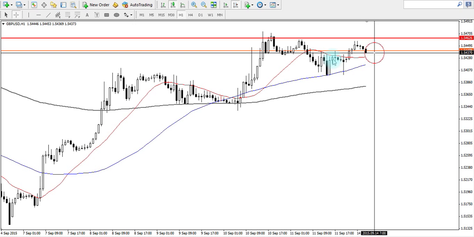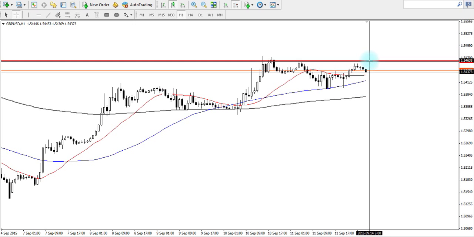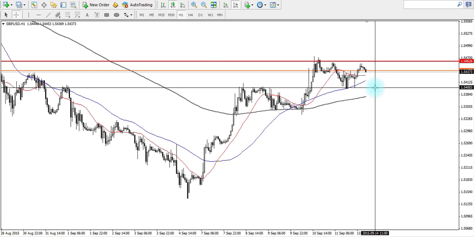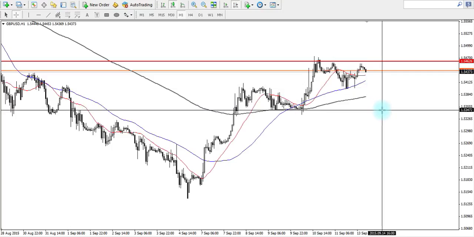You may want to go for the short immediately by placing your stop loss at least at the price of 1.5483, and we can expect the price to fall at least till the level at 1.5400. If it breaks lower, the next level will be at the price of 1.5347.